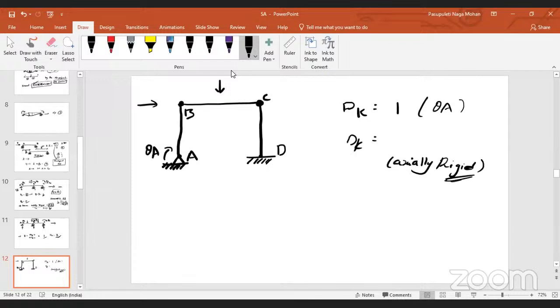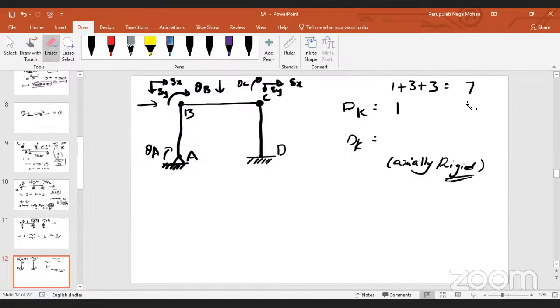Rotation at B is possible, deflection along horizontal possible, deflection along vertical possible. At point C similarly, deflection along X is possible, deflection along Y is possible, and also there will be rotation. So total: at A, 1; at B, 3; at C, 3. 1 plus 3 plus 3 is 7. Is it clear? What are those 7? Any doubt?